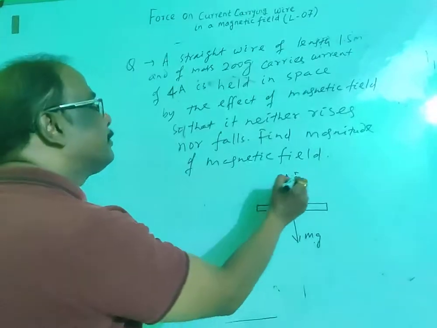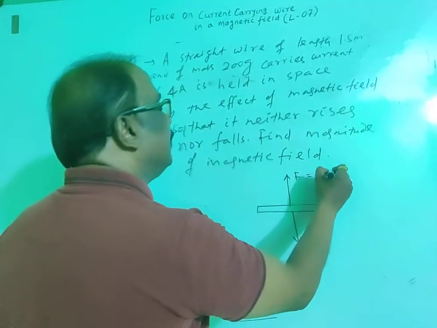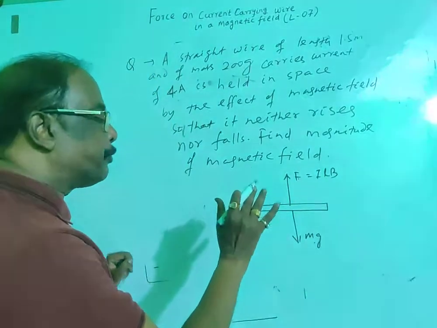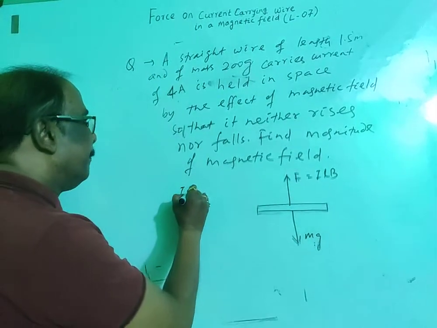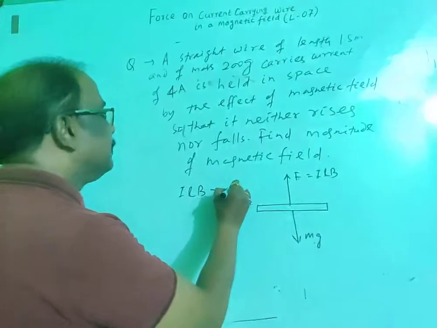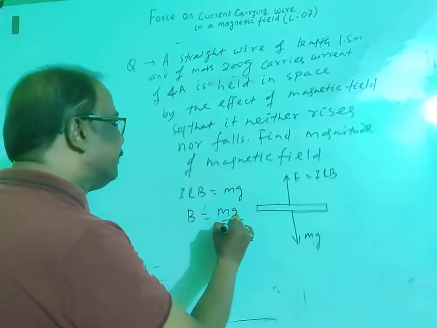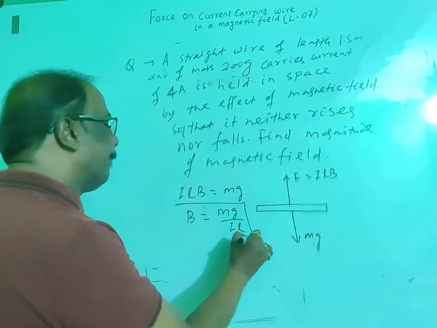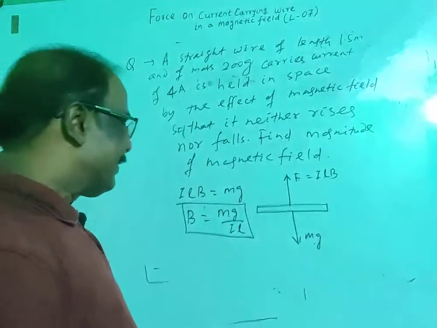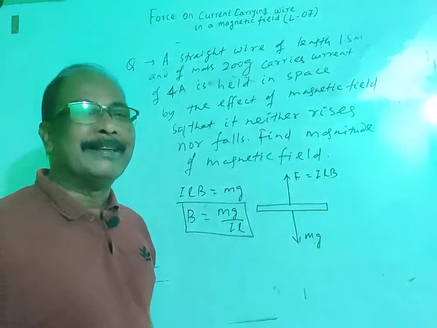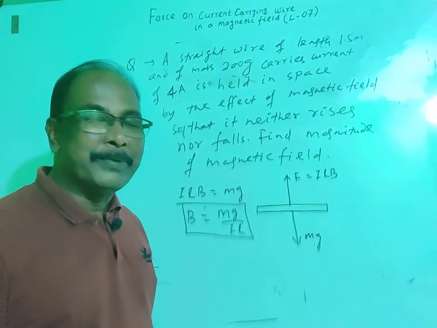Here force is equal to I L B sin 90, which is 1. For equilibrium, I L B is equal to mg, and the magnitude of magnetic field is simply mg by I L. This may come directly in objective or MCQ questions.